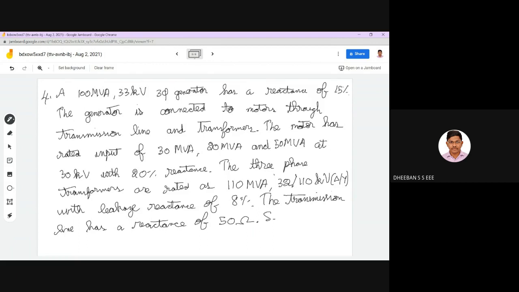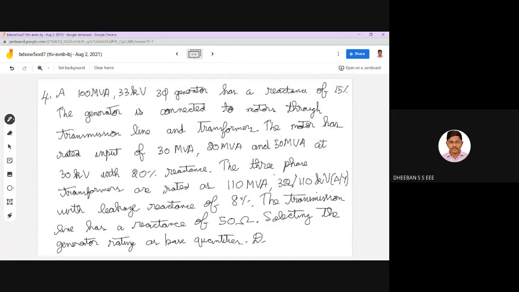Okay, selecting the generator rating as base quantities. They have given the thing what you have to select for the base quantities.